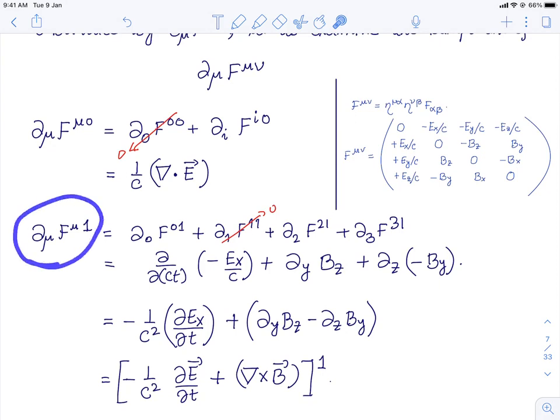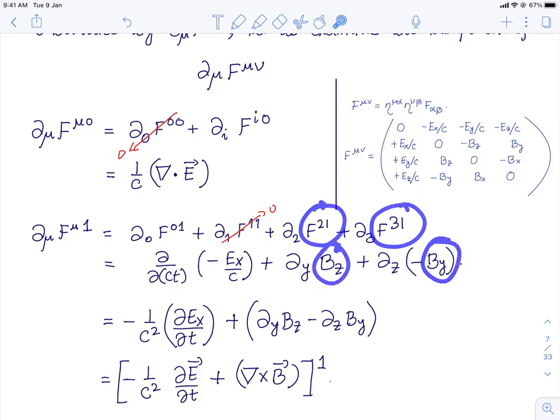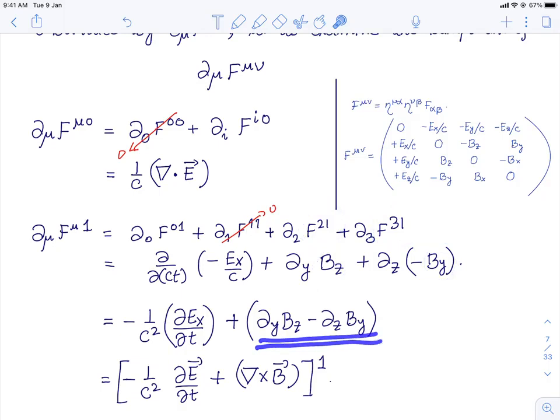Now, if you take the spatial components, looking at the one component, this gives me a time derivative of f01. So f01 is basically this one, this is Ex by c. And these two components are essentially the z component and the y component, and they fit together to form the curl of B like this. And this one becomes the time derivative of the electric field.